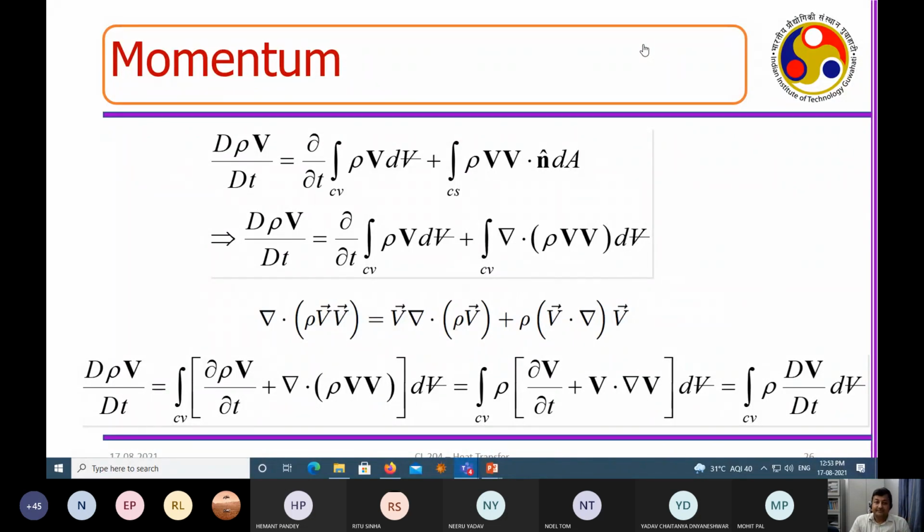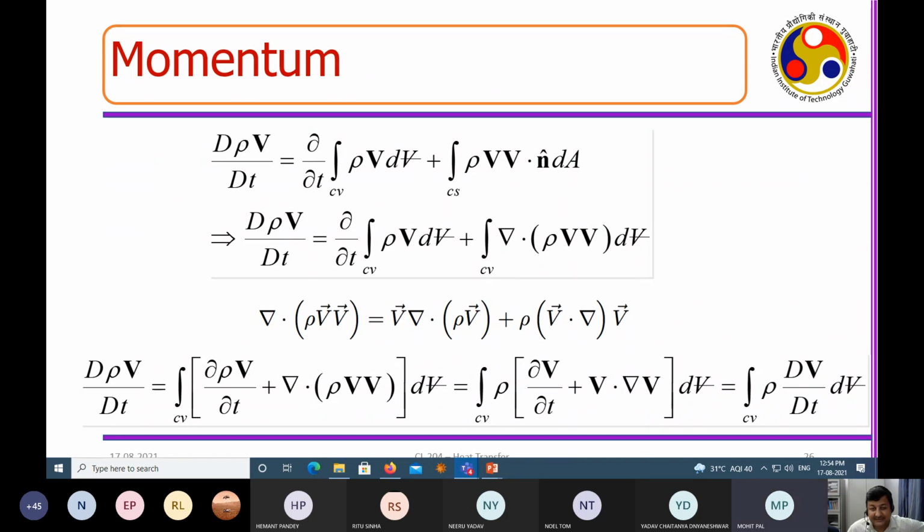Sir, mv, mass into velocity. But generally mass is always here as mass per unit volume, right? Because you are anyway going to do a volume integral. So momentum comes out to be rho v, right? So phi you are going to replace as rho v. Is it clear?